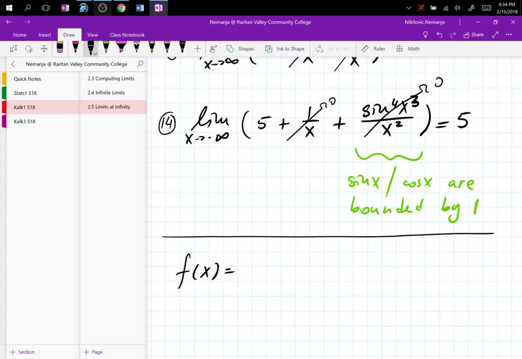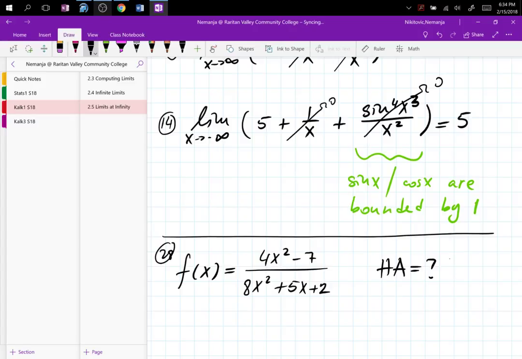This is problem 28. The function given is 4x squared minus 7 divided by 8x squared plus 5x plus 2. And the question is, do we have any horizontal asymptotes?